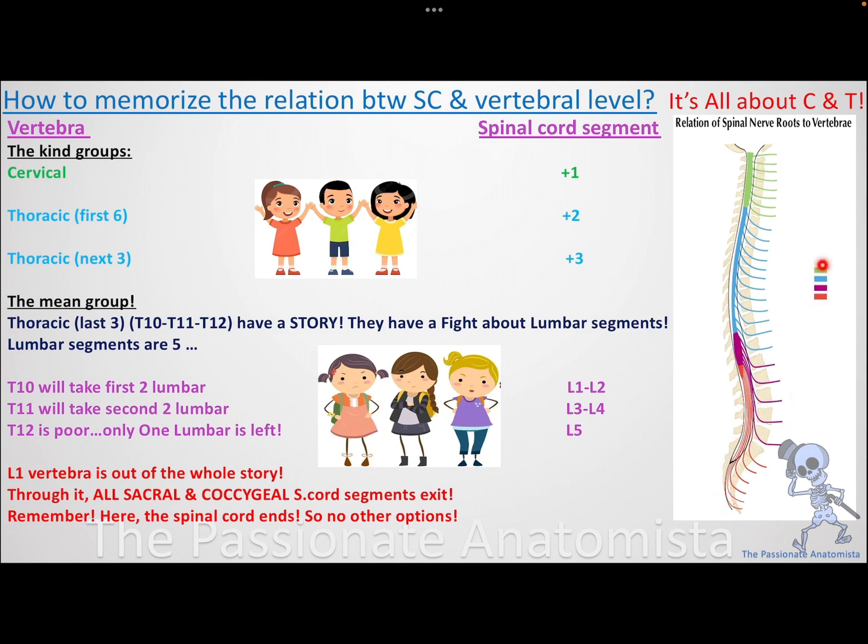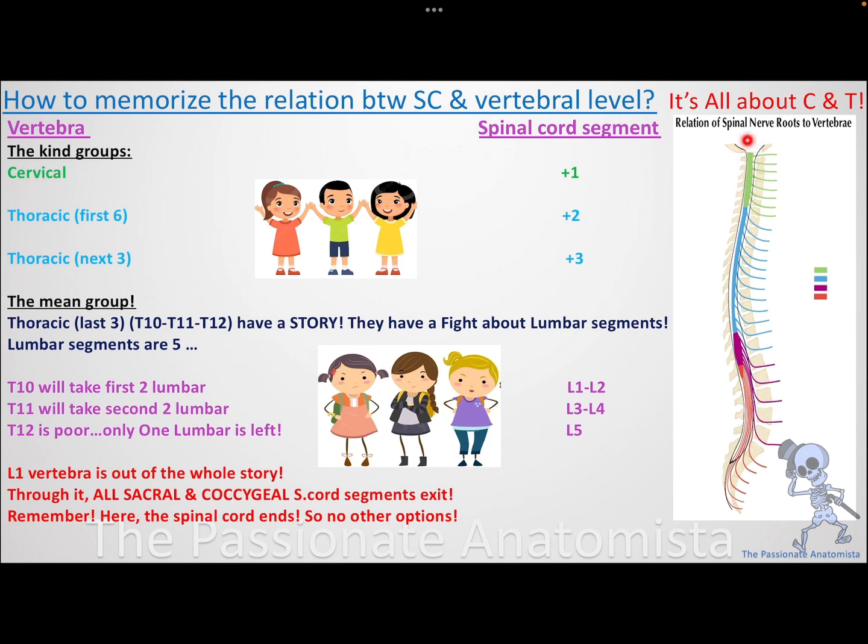The colored part is the spinal cord segment. But the beige color here, the bony part, is up until L1. I don't have anything other than that. Now, because we have spinal cord segments at all levels, I need to know from which level they are going to exit. Here we go.